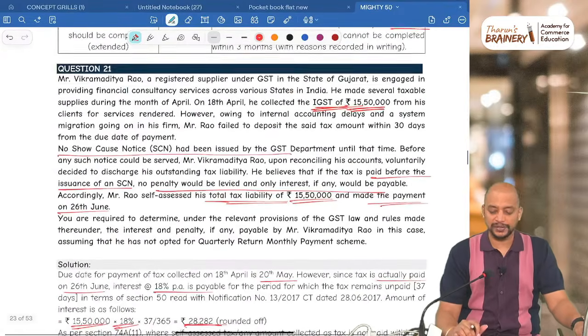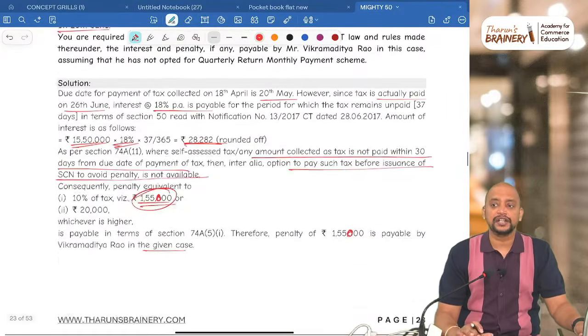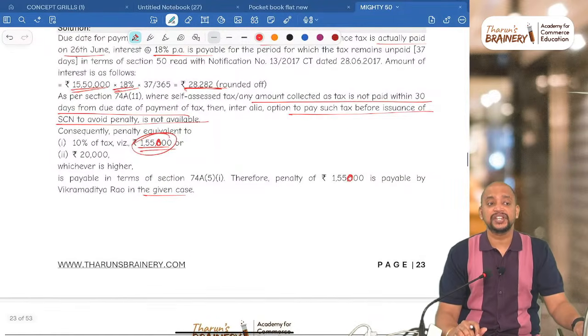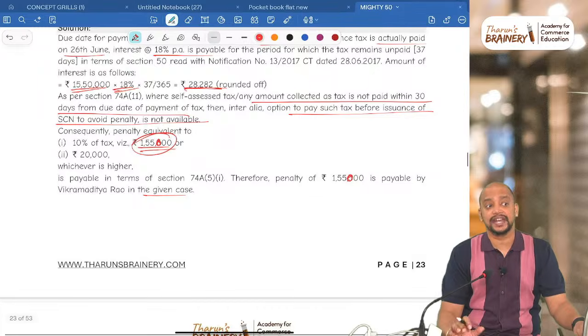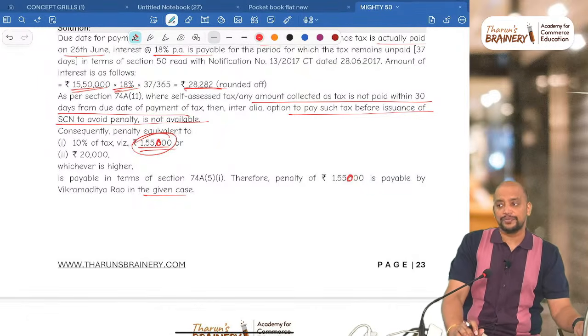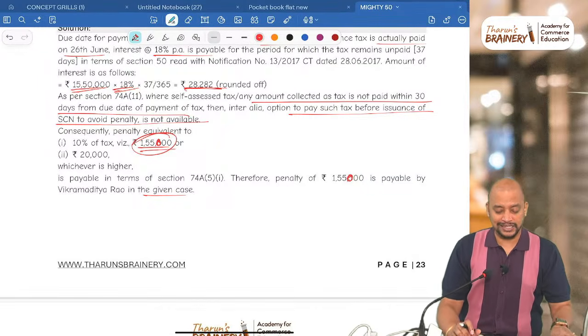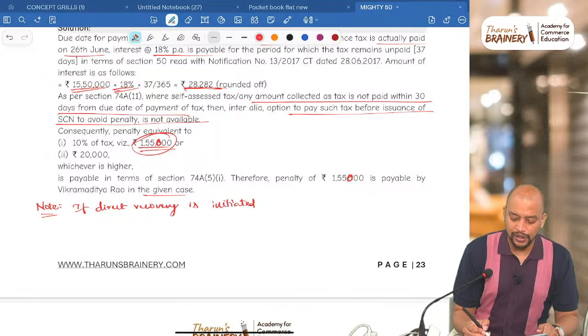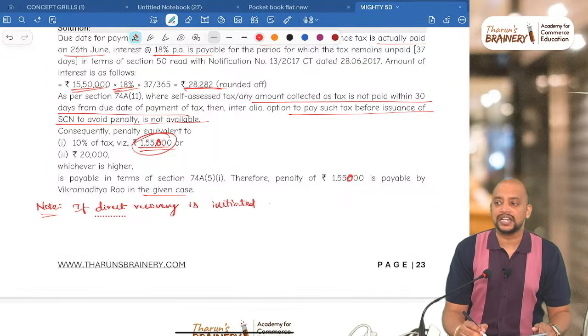That is with respect to this. Understood? This is related to self-assessed tax not paid. What if they have initiated recovery under section 79? Because direct recovery also can be initiated. Then what will happen in this case? So write down note. If direct recovery is initiated under section 79, this point always you need to quote whenever there is a self-assessed tax.